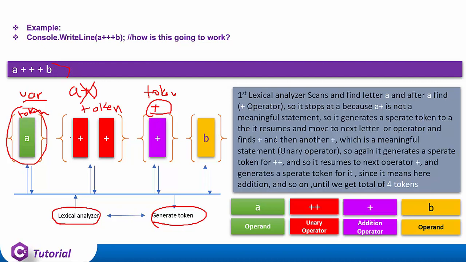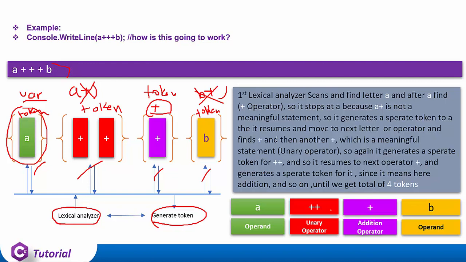Same as a plus b, it is also not a token together. So it will skip making them together as a token, like b plus cannot be one token. So it will make b alone as a token. So in this case, we have 4 tokens. It will be like this: an operand, a unary operator, an addition operator, and b as an operand.